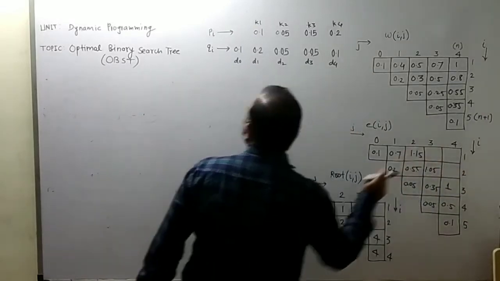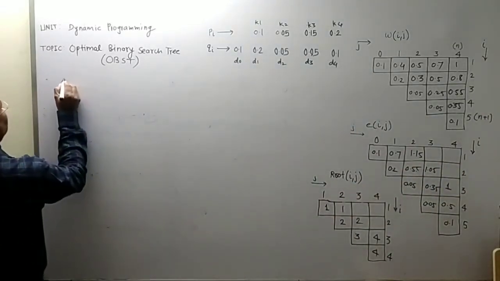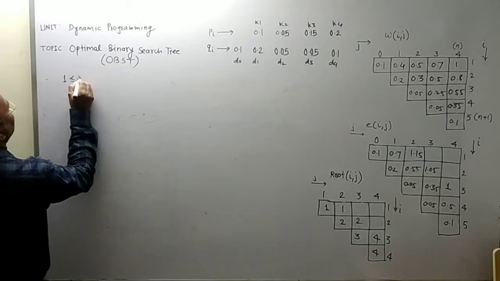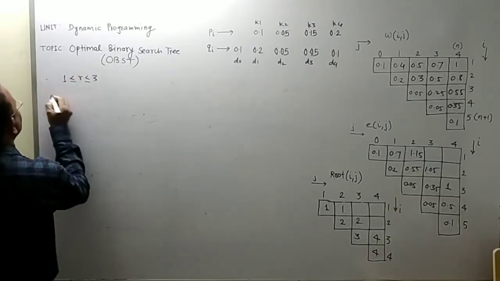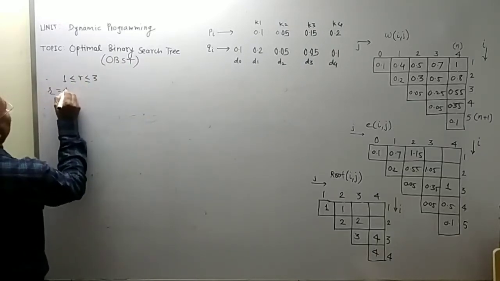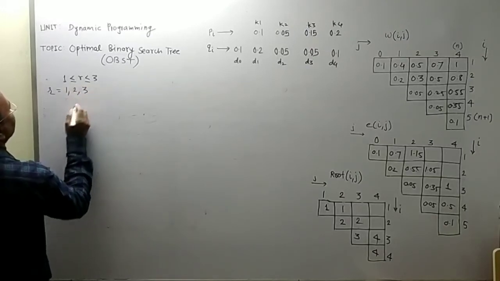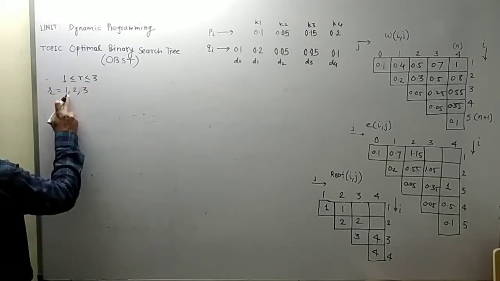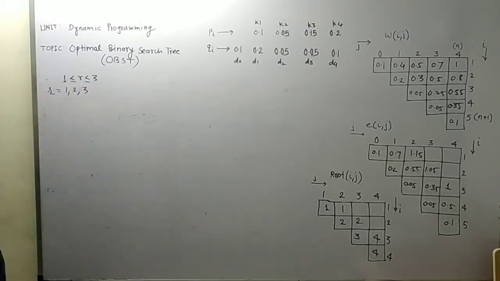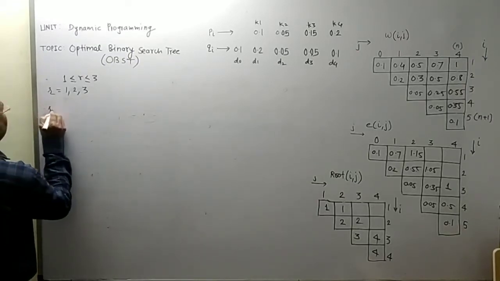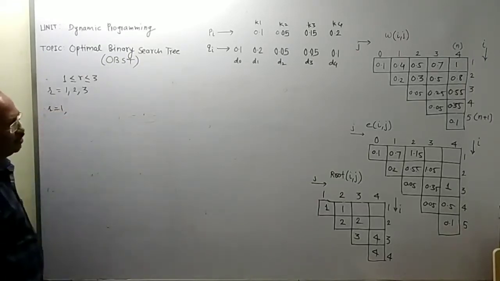Cell is 1, 3. 1 less than or equal to r less than or equal to 3. So r varies from 1 to 3. R varies from 1 to 3 means you will get 3 values. First for r is equal to 1.